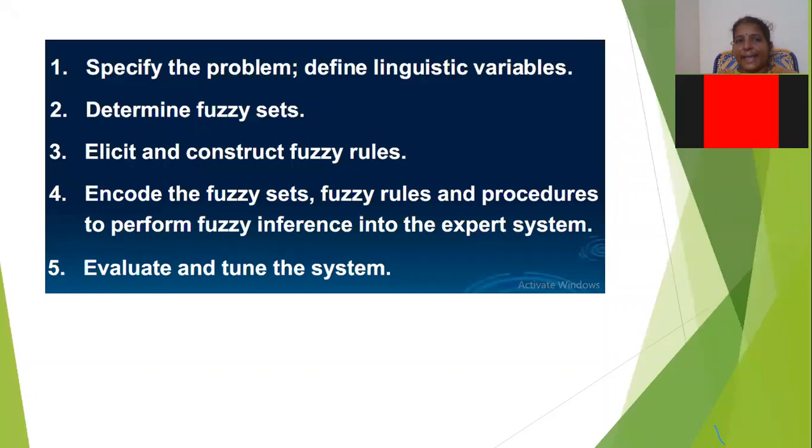Next, elicit and construct fuzzy rules. Elicit means you need to describe and construct the fuzzy rules. Fourth step, encode the fuzzy sets, fuzzy rules, and procedures to perform fuzzy inference into the expert system. And finally, evaluate and tune the system.